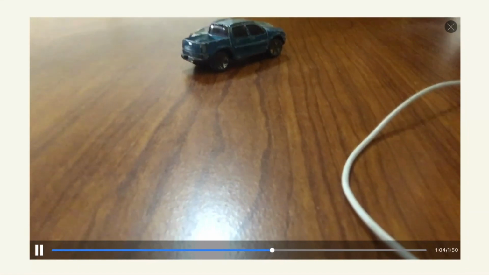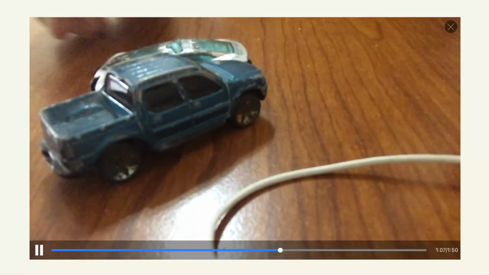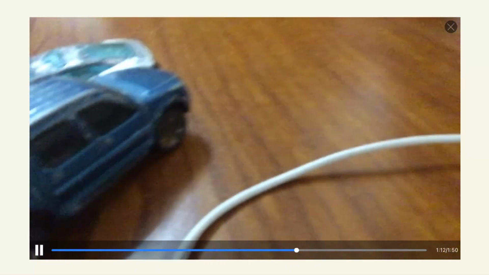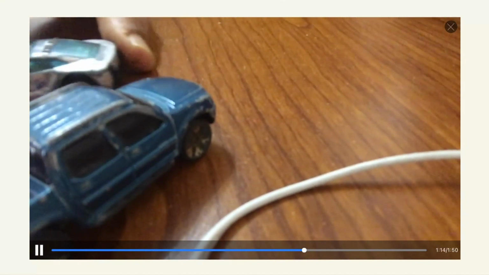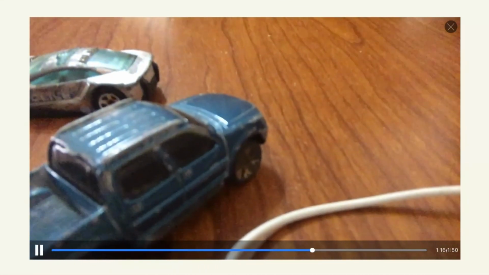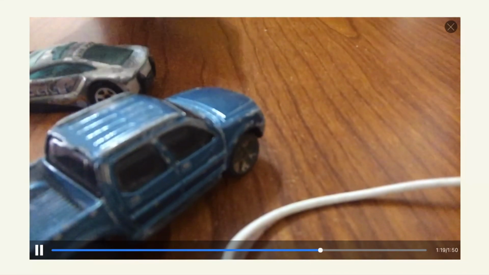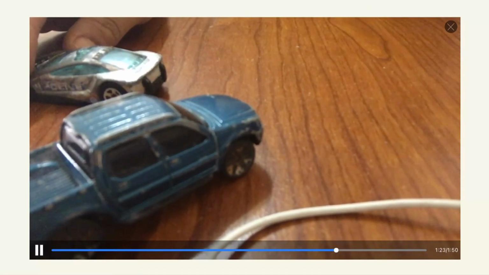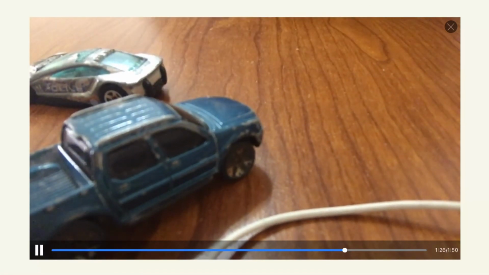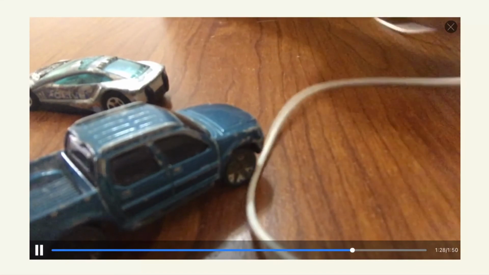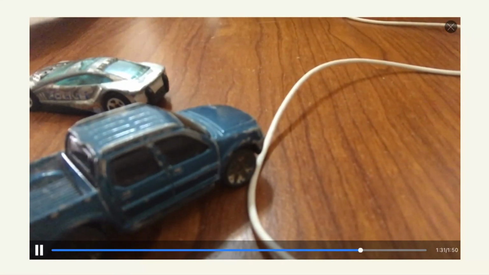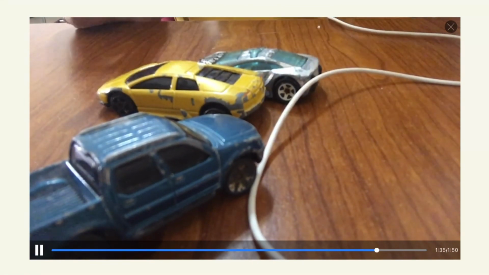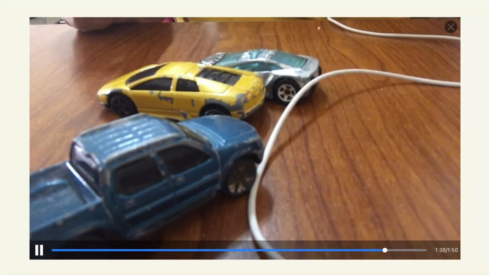Now, if you notice carefully, this blue car did come against the silver car a bit, yeah, but it has not done any damage. In other words, the collision was there between the green car and the gray car, but that collision was not effective. Whereas it hit the yellow car, and when it hit the yellow car, it banged and it went back.